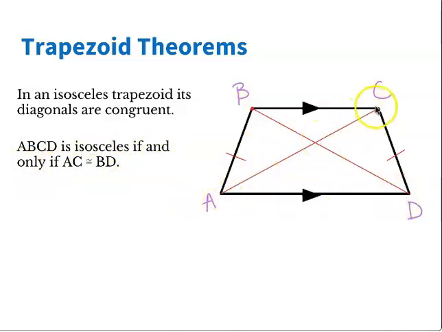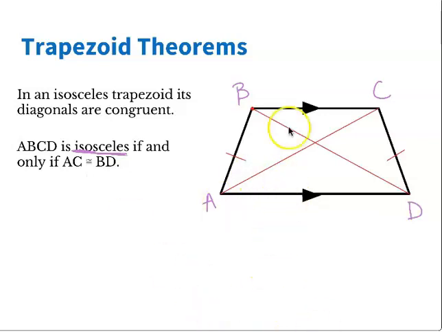So the distance AC would have to be congruent to the distance from B to D. If we have that true, then we know that we're dealing with an isosceles trapezoid, not triangle. We're dealing with trapezoids now, not triangles. So if our diagonals are congruent, then we know we're dealing with an isosceles trapezoid.